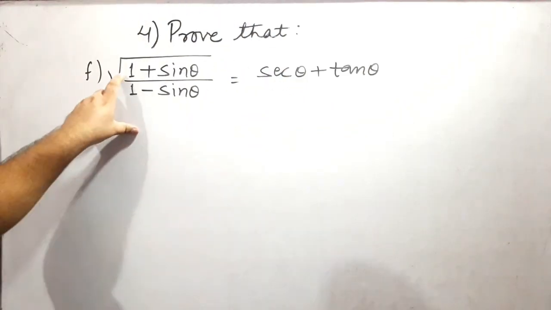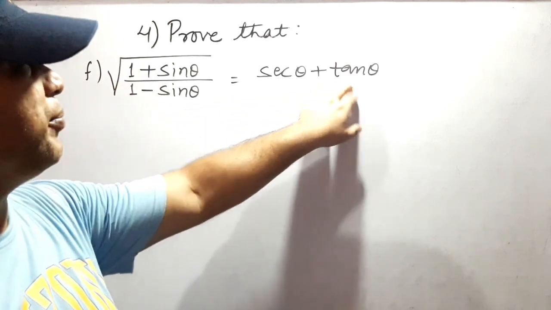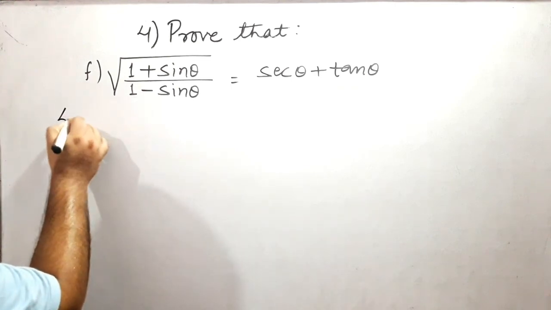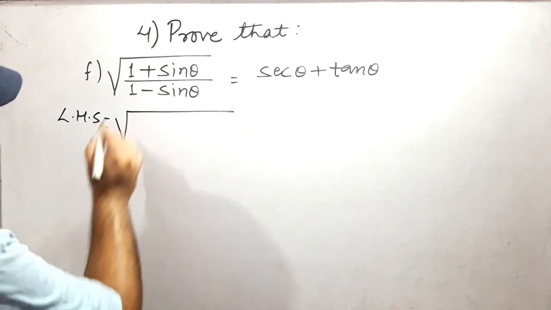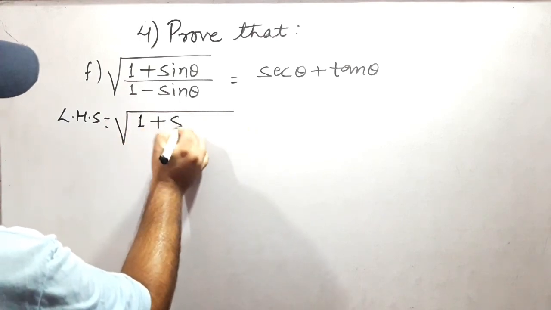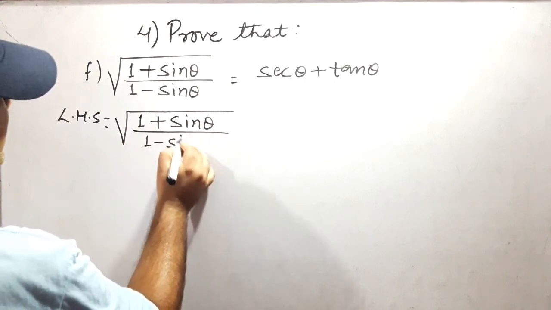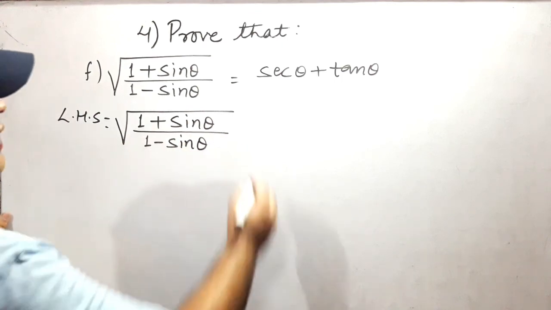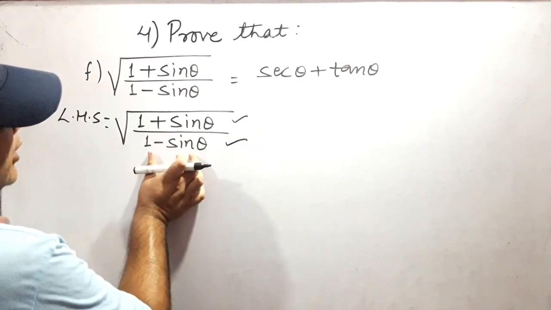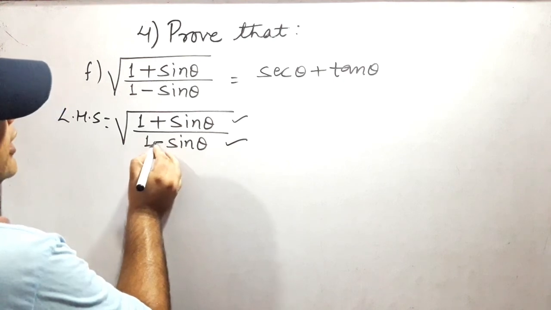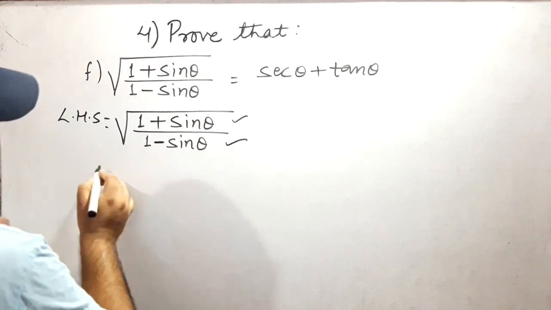Root under (1 plus sin theta) by (1 minus sin theta) equals sec theta plus tan theta. So let's start from the left hand side. We have the square root under (1 plus sin theta) by (1 minus sin theta). Now let's multiply the numerator and denominator with 1 plus sin theta. In the denominator there is 1 minus sin theta, so let's multiply with the opposite sign given in the denominator.